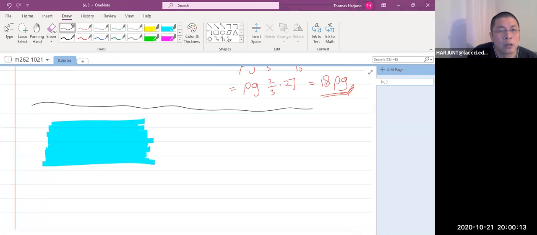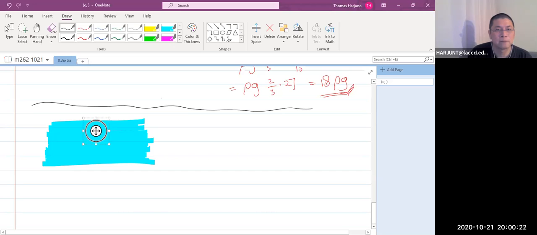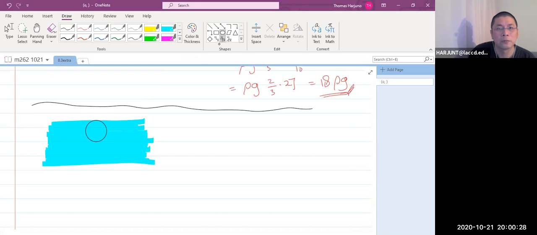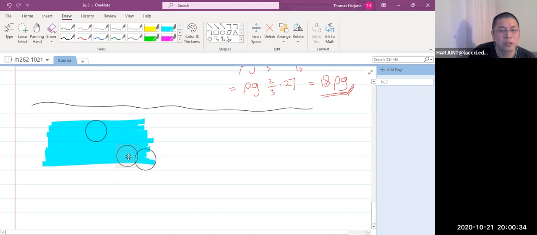So what happened earlier, you basically have a circle that you submerge for part A, a circle like that. Now imagine if I sink this circle even further down.